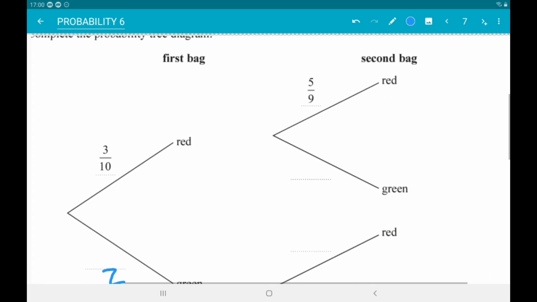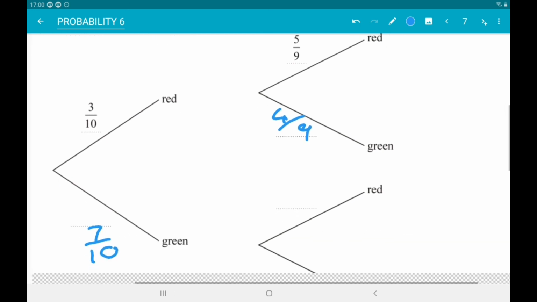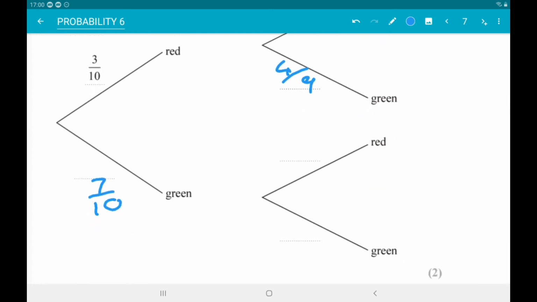Now, in the second bag, red is 5 out of 9, so green is 4 out of 9. And those two are the same down here. Again, because the bags are independent.